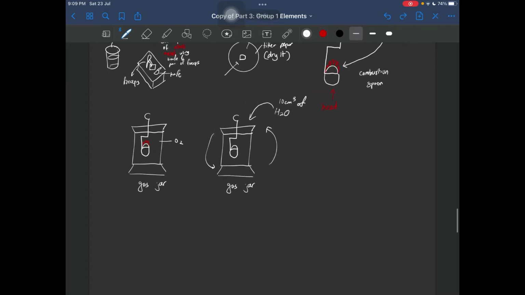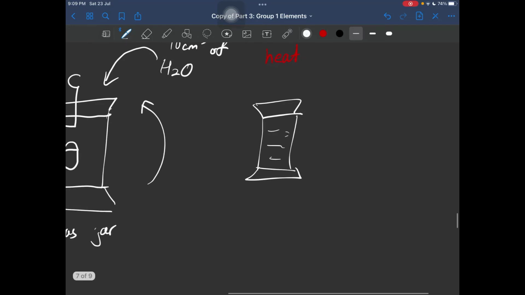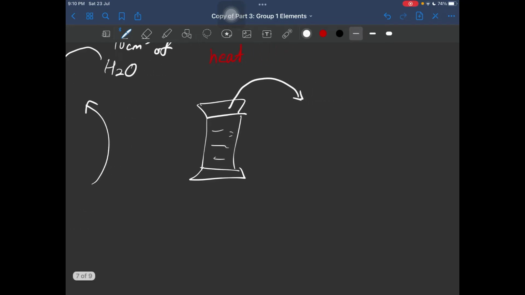Once you have the solution in the gas jar, which is produced from the product of the combustion between alkali metal and oxygen dissolved in 10 centimeter cube of water, you will want to test this solution using a red litmus paper.